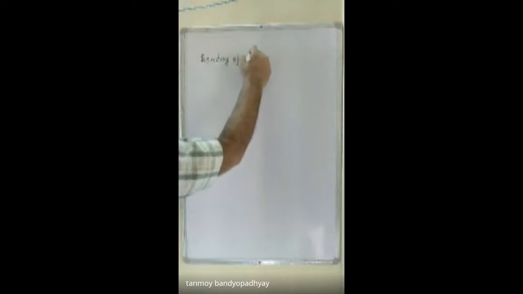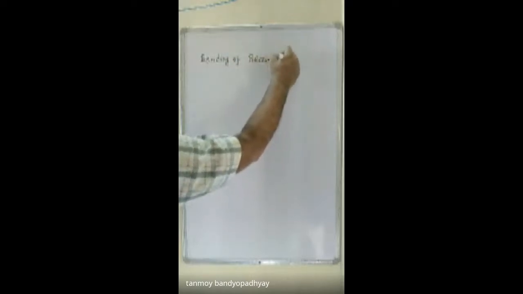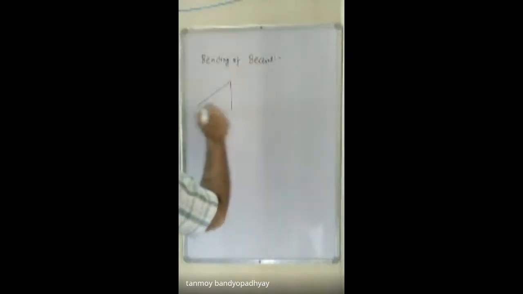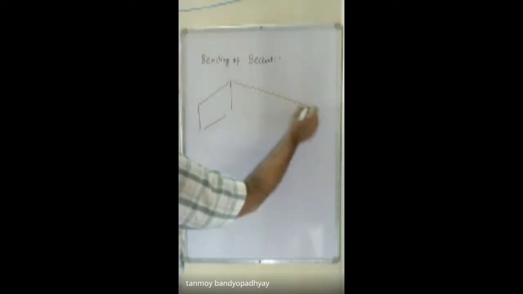So if you go to the book, because drawing these things is somewhat difficult, you go to the book, page number 222. They have shown a beam sort of thing. So suppose you are having a beam like this of rectangular cross section.